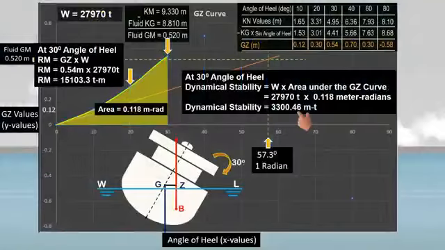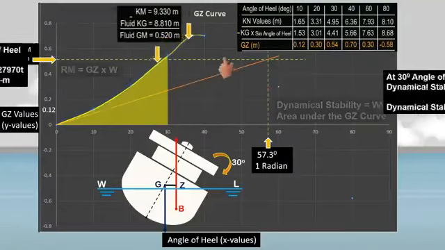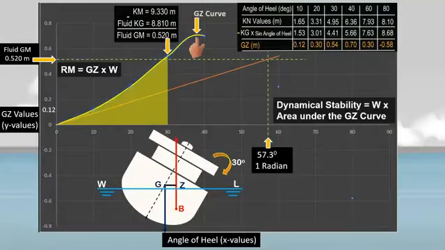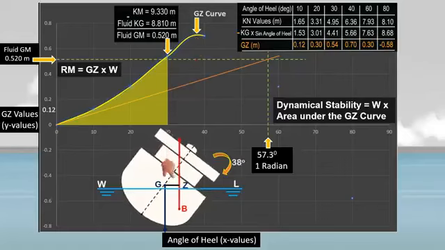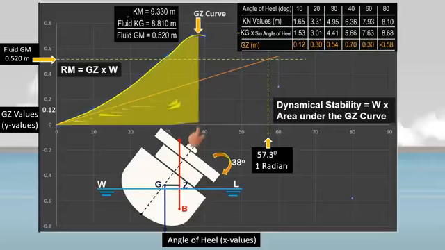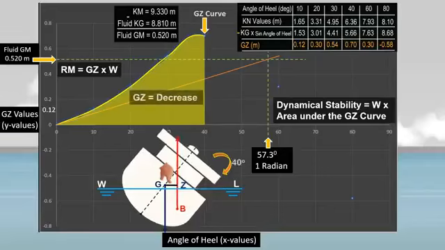Now going back to our scenario, at approximately 38 degrees angle of heel, the ship's righting lever reaches its maximum, and the area under the curve also increases. As the ship continues to heel at a 40-degree angle of heel, her righting lever starts to decrease, but the area under the GZ curve continues to increase.